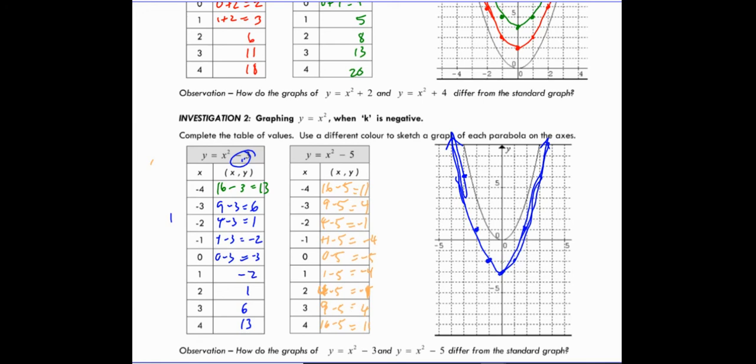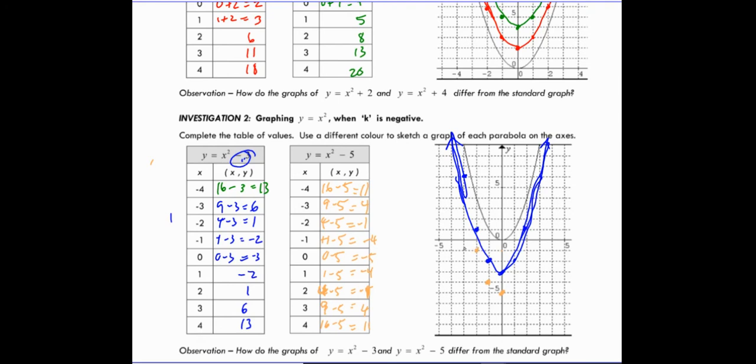So what do we have here? We have 0 starts at negative 5. 1, 2, 3, 4, 5. Something's wrong here. 1, 2, 3, 4, 5. Okay, 1 further down. Okay. Negative 1, negative 4. Negative 2, negative 1.